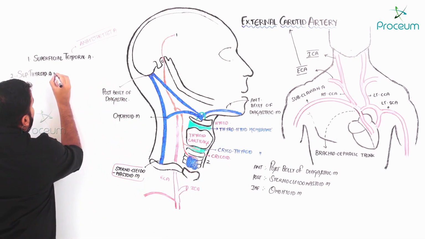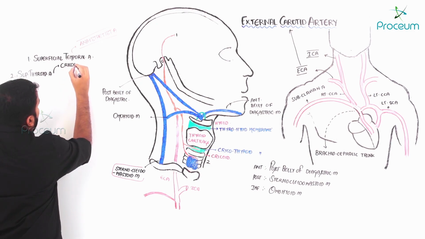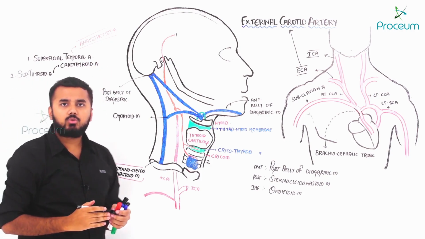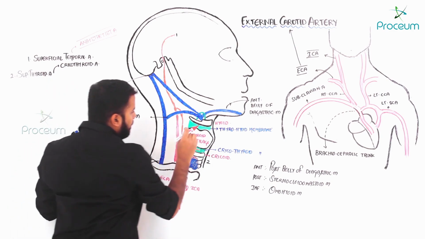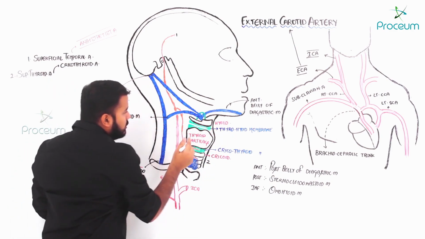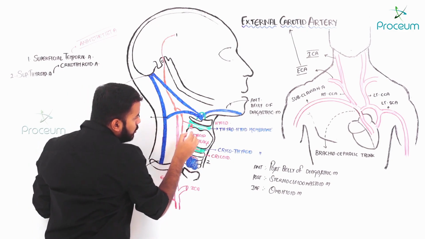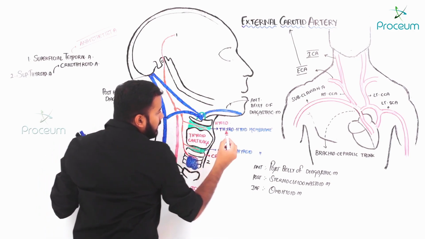Can I make a note like this? One branch is called the cricothyroid artery. There is another branch. Look here. This branch is also a branch of the superior thyroid artery, and this branch goes all the way and supplies your what?